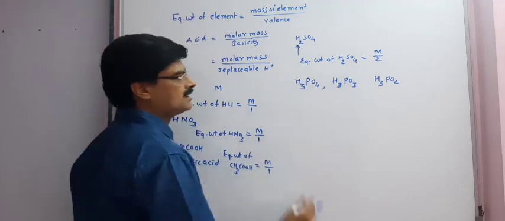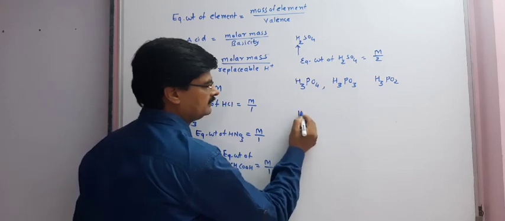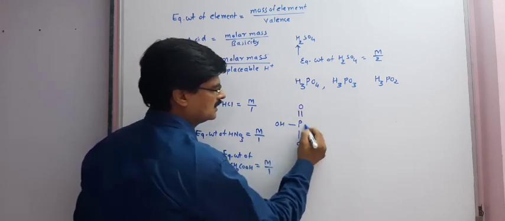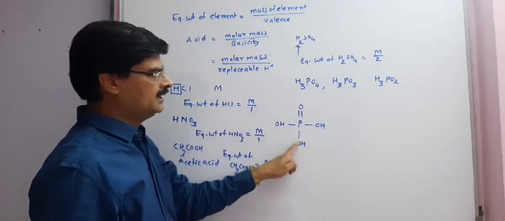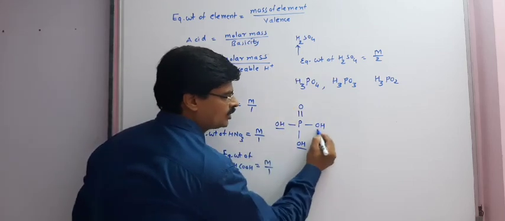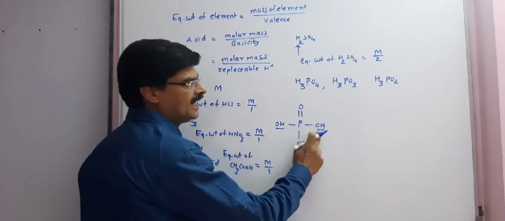When we draw the structures of these three acids, this is the structure of H3PO4. Here we can see 3 OH groups, meaning replaceable hydrogens are 3.